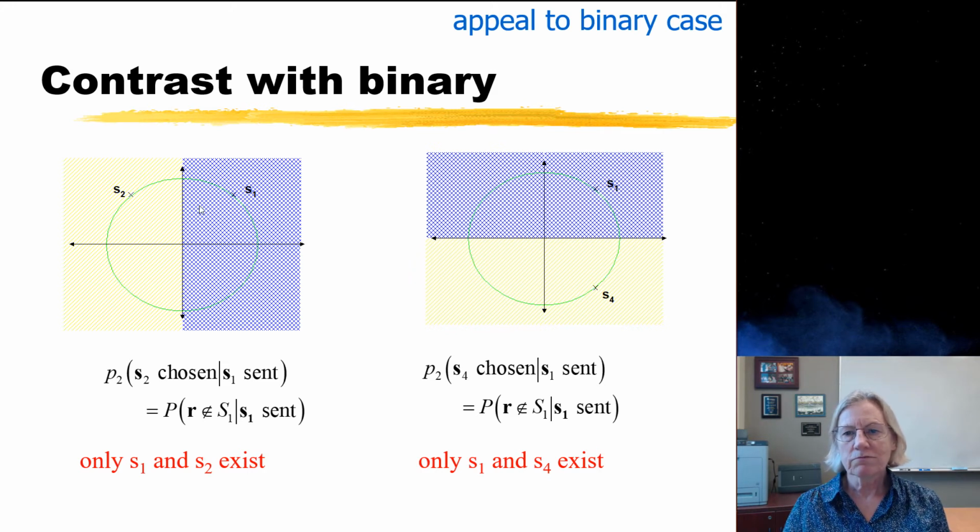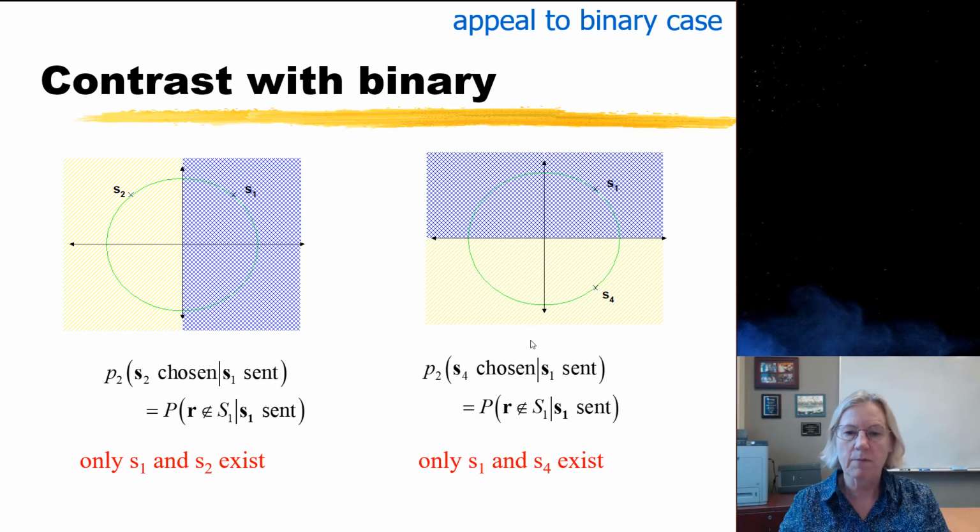These 4 points that I chose happen to be such that S1 and S2, and S1 and S4, are equidistant. They're the same distance apart from one another. And so these two probabilities are going to be the same, because the distance between S1 and S2 and the distance between S1 and S4 is the same.